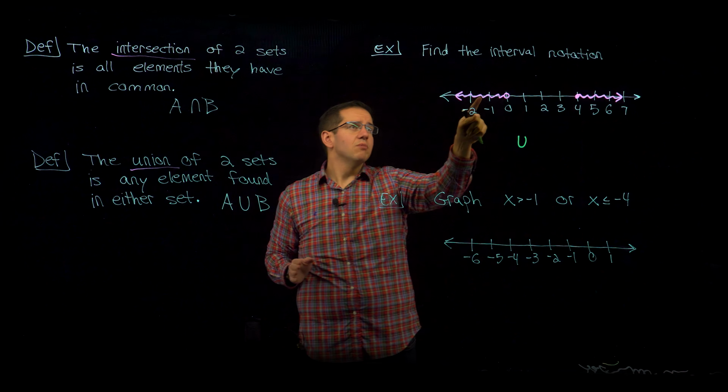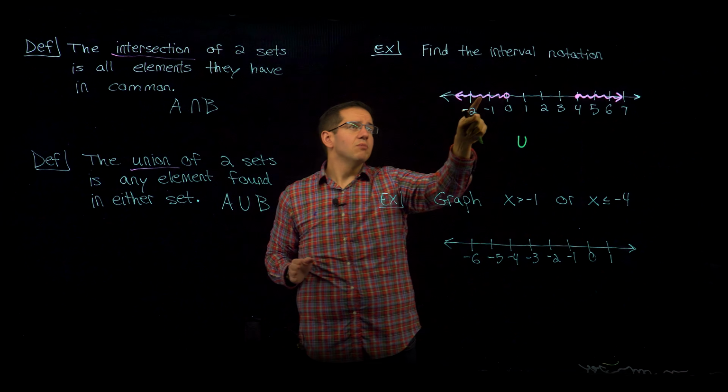At 0, there's an open dot, which means we will put a parenthesis because it is not included. Just like you'll never reach this 0, but you'll get really, really close to it, which is why we put a parenthesis, meaning everything up to but not including that 0.